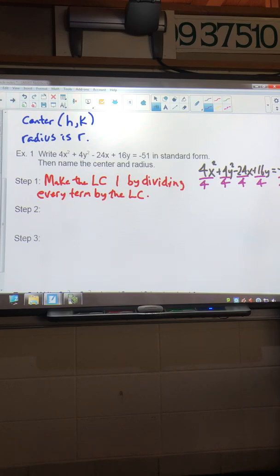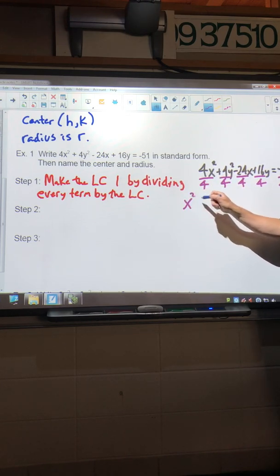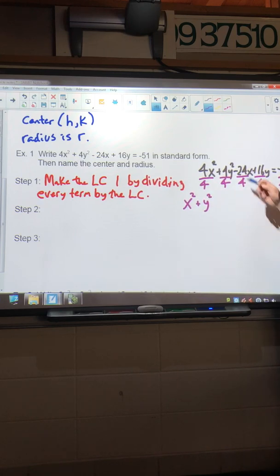So then 4x squared over 4 just becomes x squared. Same thing with y squared. Negative 24 over 4, negative 6x. 16 over 4 is 4y. And then 4 does not go evenly into negative 51, so we're just going to leave that as negative 51 fourths.